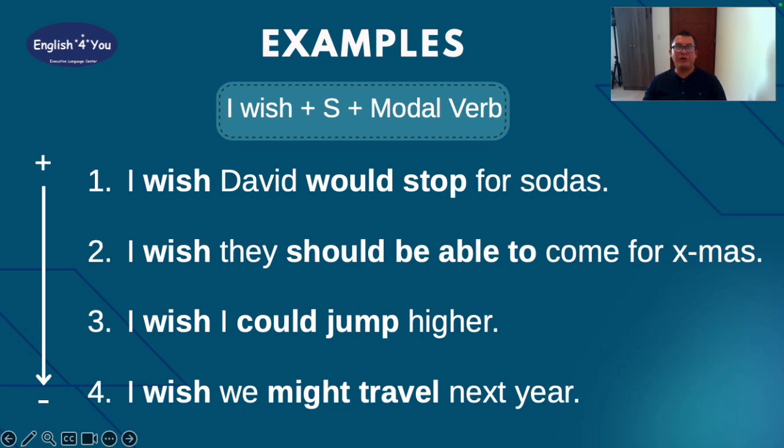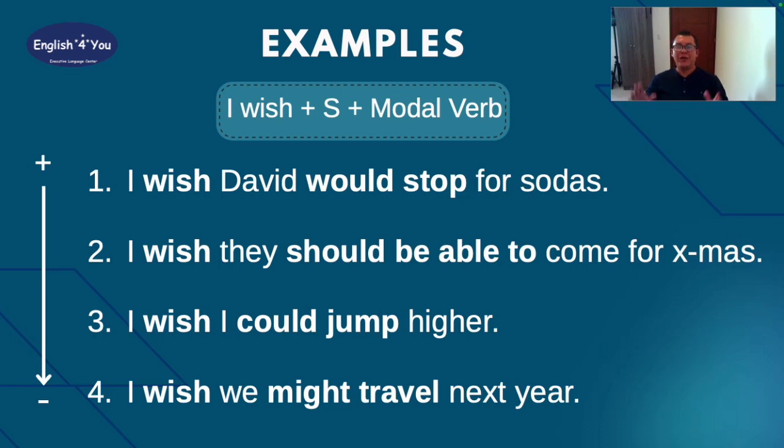So the most probable with would, and the least probable might. Keep in mind that all these 4 sentences with the modal verbs are imaginary situations, okay? They are not for sure, so they're just imaginary situations.